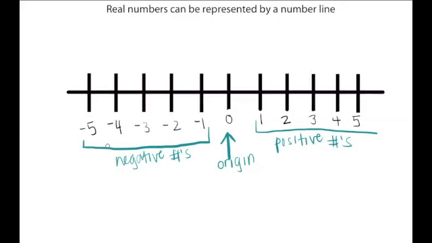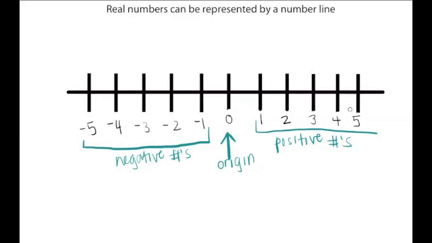Just a quick thing to remember is that when you're reading a number line, the numbers get bigger as you go to the right. As we go to the left, we are getting further from 0 on the negative side, and if we kept scooting more over to the right, you see how we keep getting even bigger positive numbers.